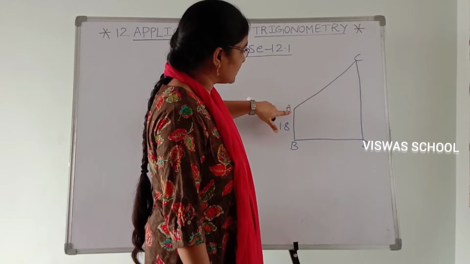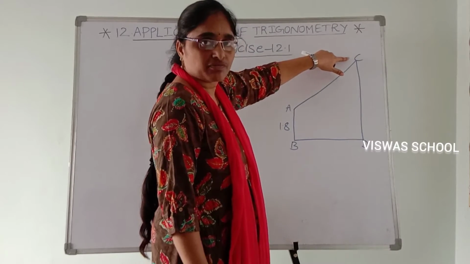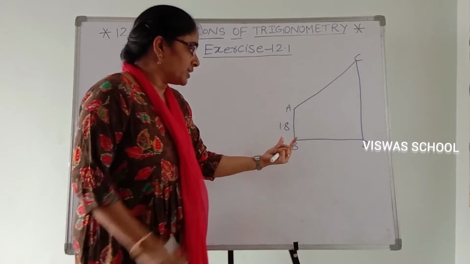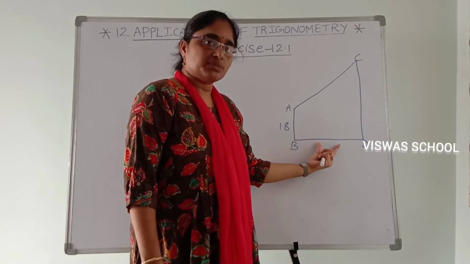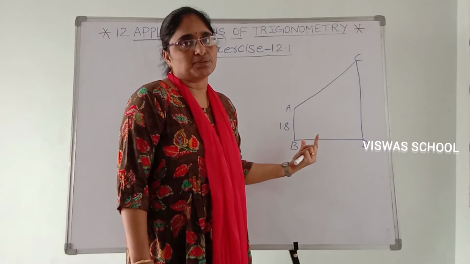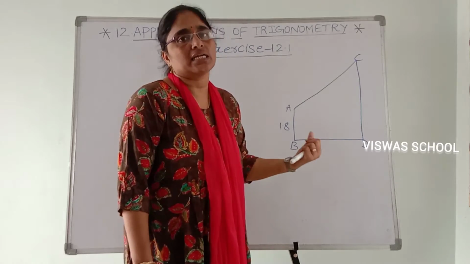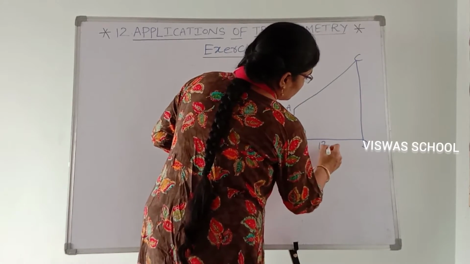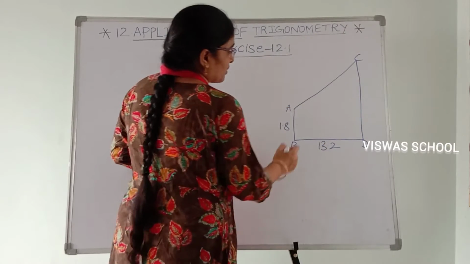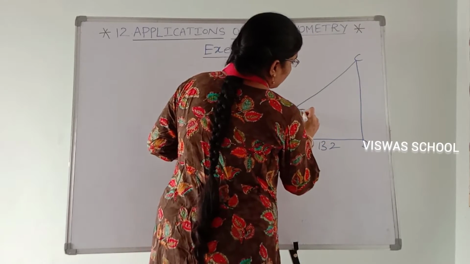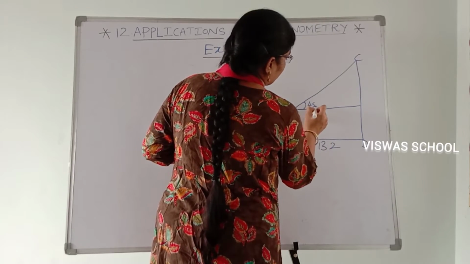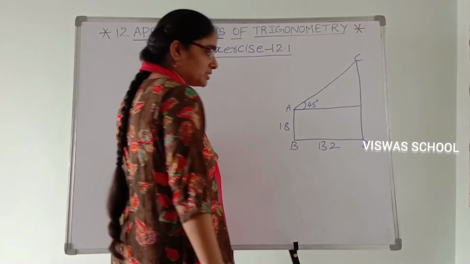The observer is here and looking at the top of the tree. The distance between the palm tree and the observer is also given, that is 13.2 meters. Now the angle from the observer here is 45 degrees.